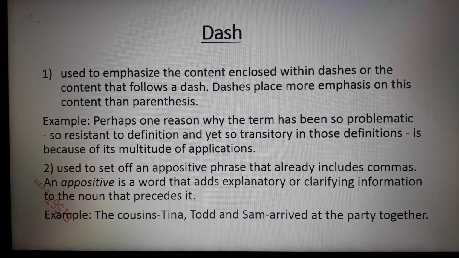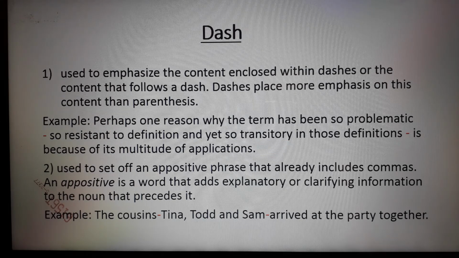And let's talk about the dash. The dash is used to emphasize the content enclosed within dashes, or the content that follows a dash. Dashes place more emphasis on this content than parentheses.